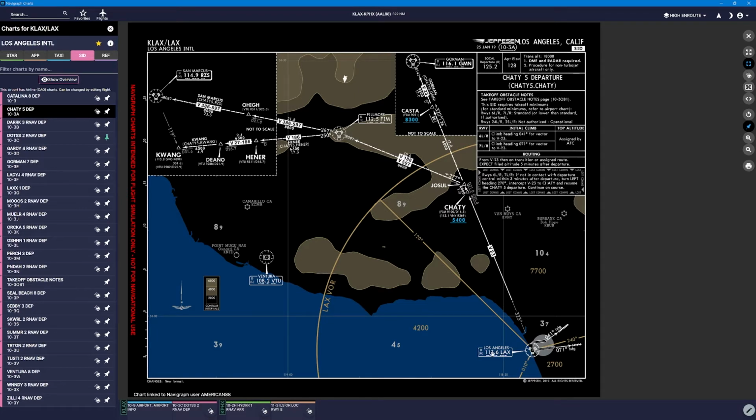And then, of course, if you are taking off on 7 left or 7 right, then you would fly runway heading 071. And you would fly that heading until you are instructed by ATC to turn towards your filed route. So just keep that in mind when you're looking at your departures.